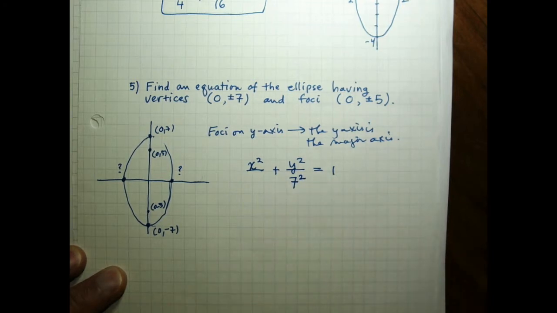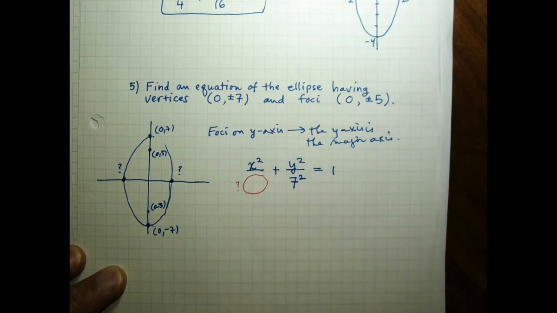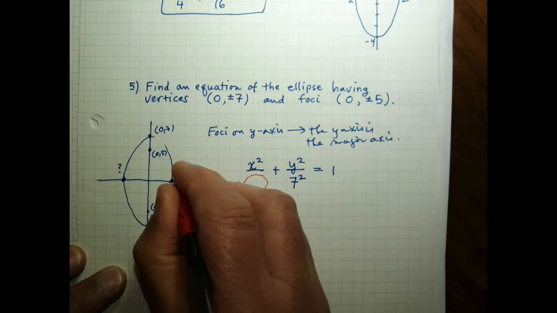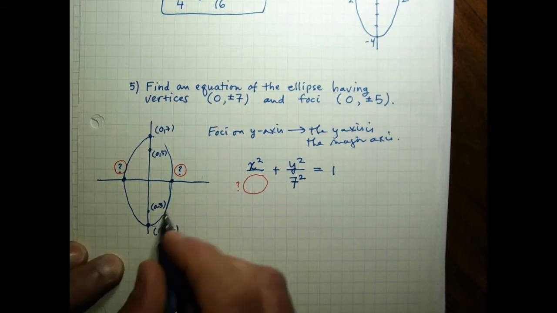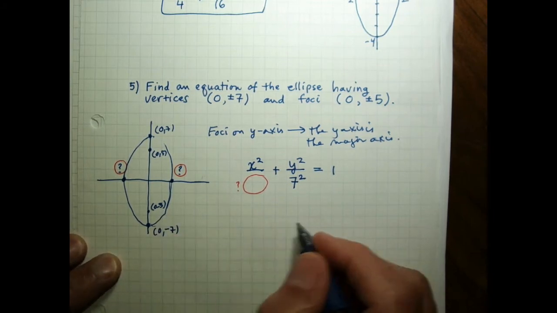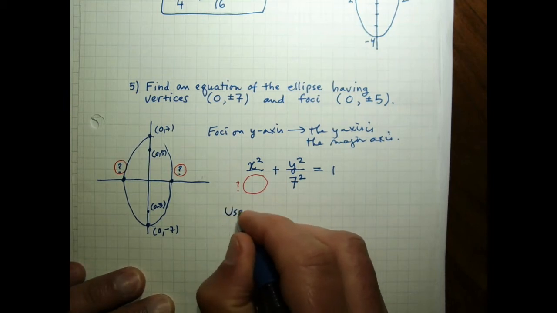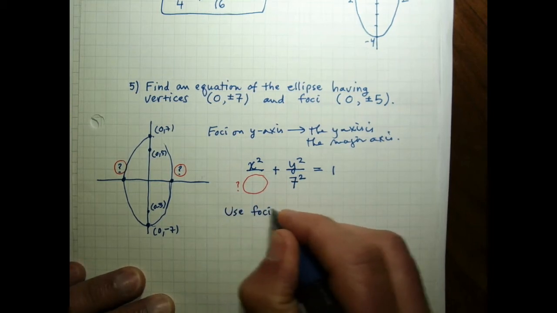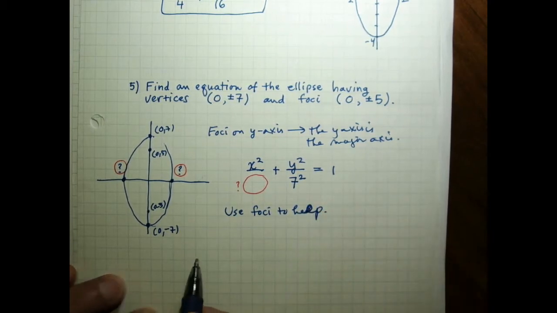But now to get the denominator here, I need to know what these x-intercepts would be. And I have to use the foci to help me. So we're going to use the foci to help us get that other denominator.